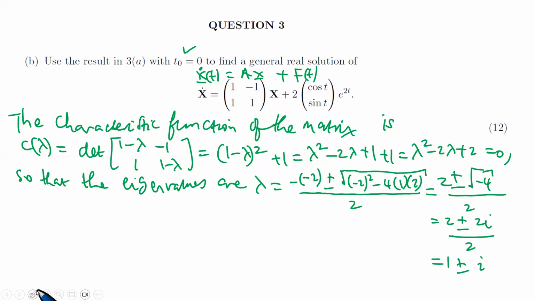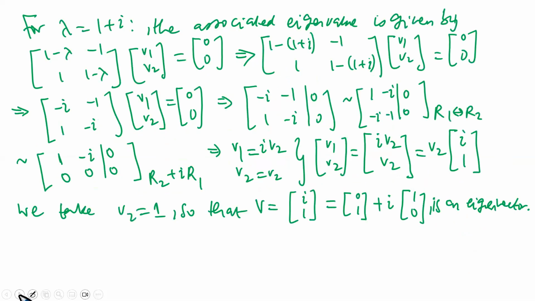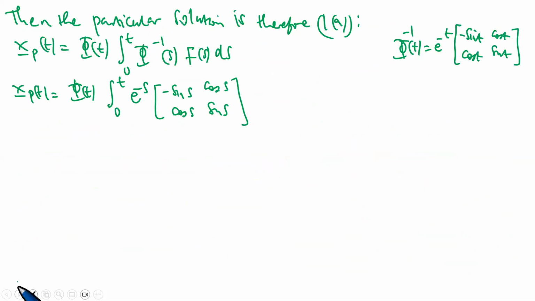So we're going to just plug it in there. Okay. So what is it? It is 2 into cosine s sine s e to the 2s ds.